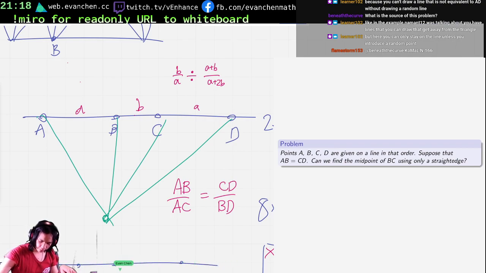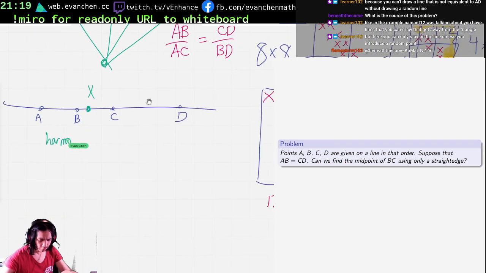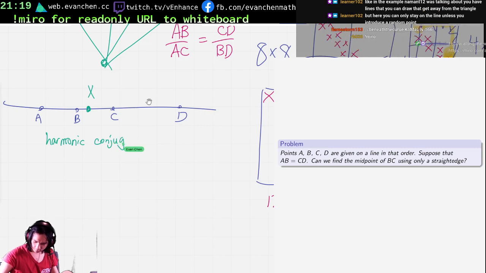Given 4 points A, B, C, and D, is it possible to construct a point on it, say x, such that the harmonic conjugate of x with respect to BC coincides with x with respect to AD. I think the midpoint is a red herring. Or at least, there's a statement of the problem that doesn't involve any Euclidean conditions.